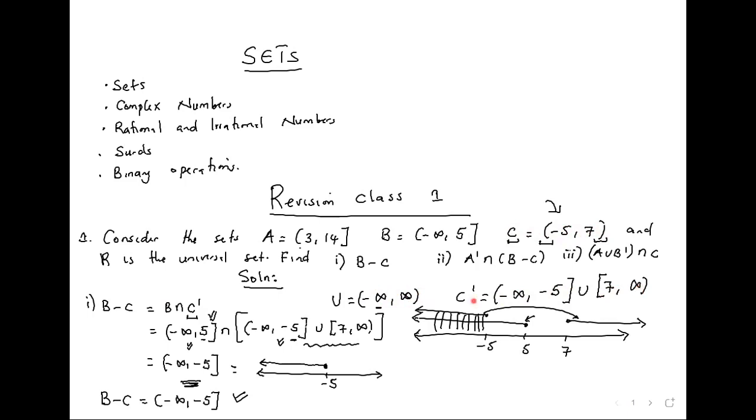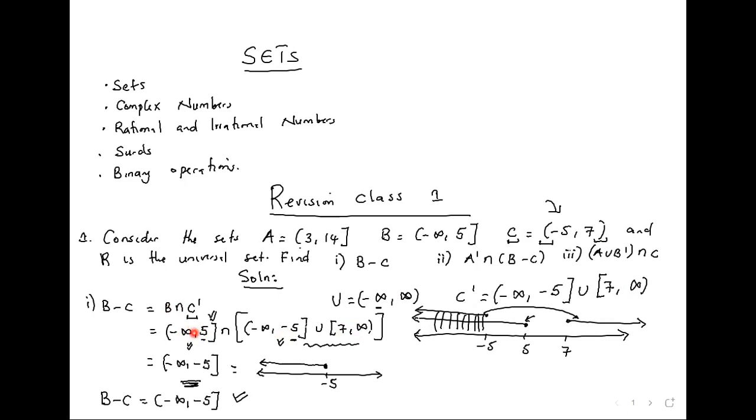And then we take this complement intersection B. B is from negative infinity to 5, and C complement has two intervals. The other interval of C complement, from 7 to infinity, does not intersect with negative infinity to 5.